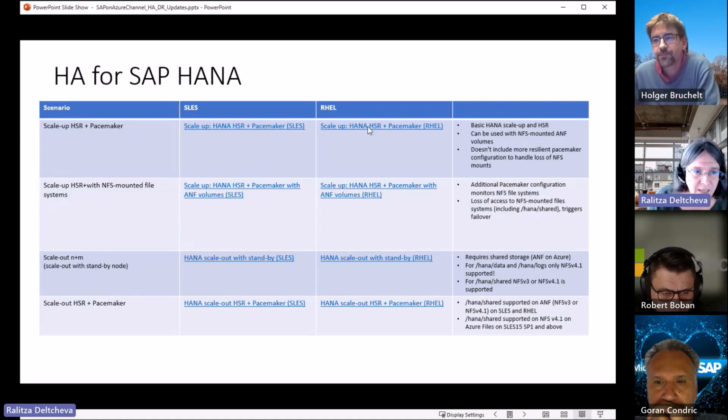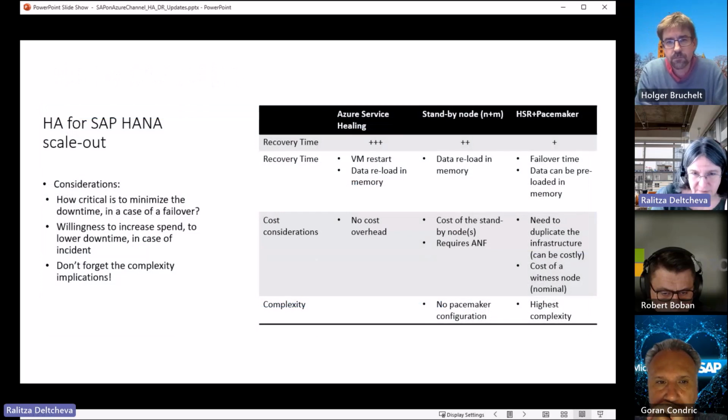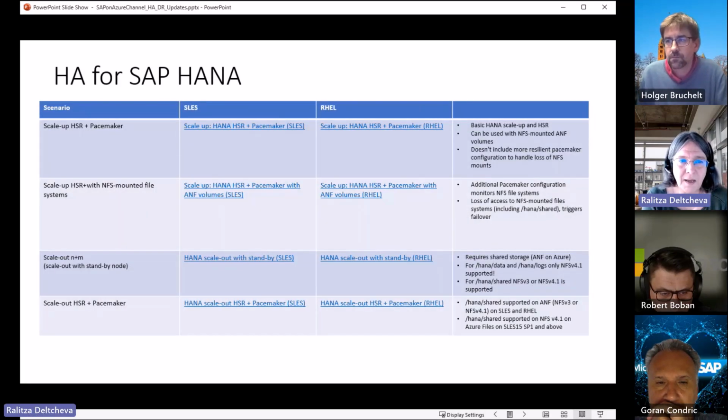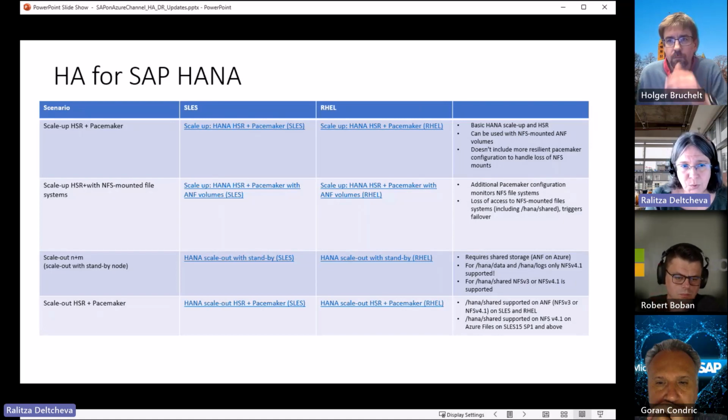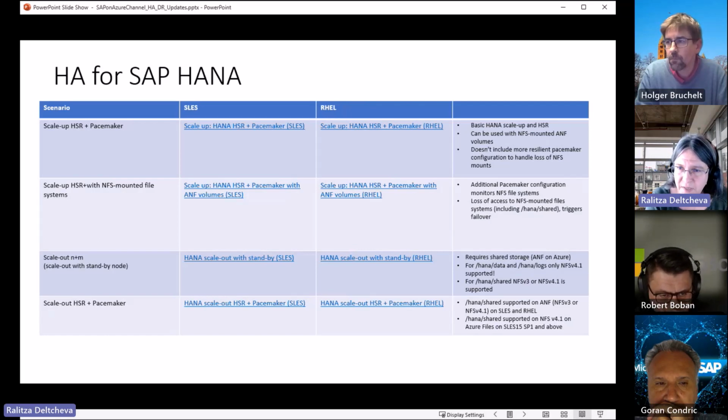For HANA scale out, if we stay here for a moment, there are two different constructs, right? So you can do HANA scale out with standby node, also known as N+M reference architecture, or you can do a full-blown HANA scale out with the pacemaker cluster and replication to a secondary site.